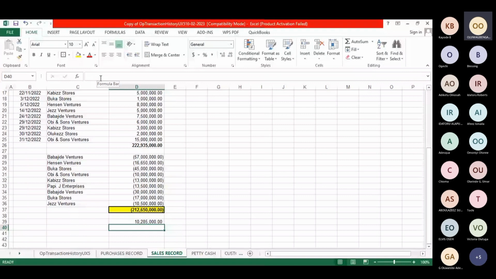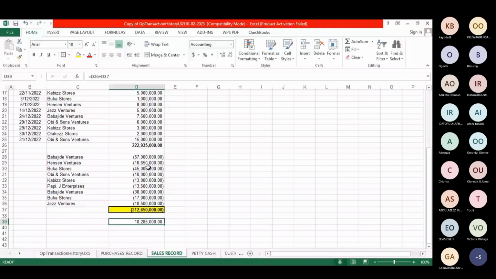You have to prepare an individual account for them so that you can say, okay, this supplier is owing this, or we are owing this supplier this. So you must know who you owe or who owes you by preparing an individual account. So I'm just doing this as a summary of the general accounts relating to the suppliers and the customers.